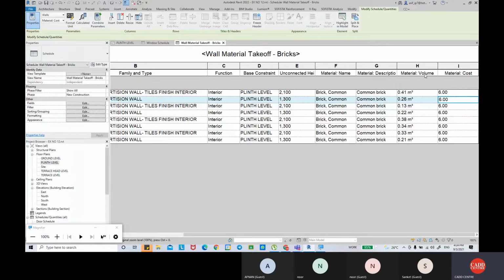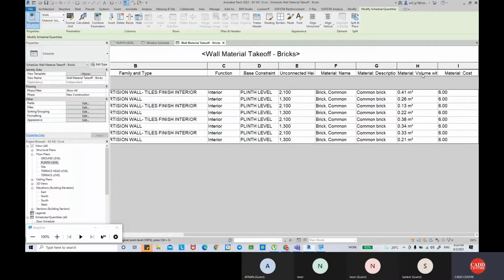Now over here, the material volume which is given, this is a material volume with mortar basically. Okay, so we can rename this cell material volume with mortar. Okay, so remember that whatever material volume we are by default getting is with mortar basically.